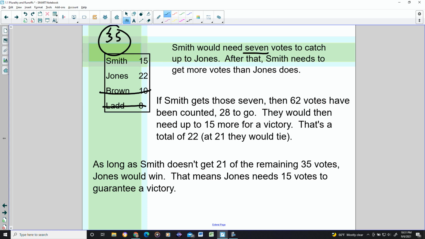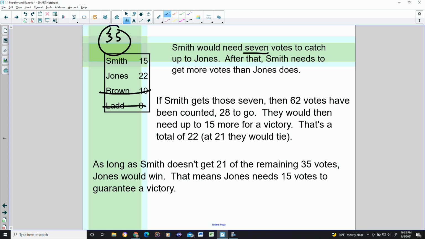So in order for Smith to win, he's going to need 7 more votes to catch up to 22. And then he's going to need a majority of the rest. So of those 28, they need 15 more for a victory. So that's a total of 22 votes. So 7 plus 15 is 22. At 21, they would tie.